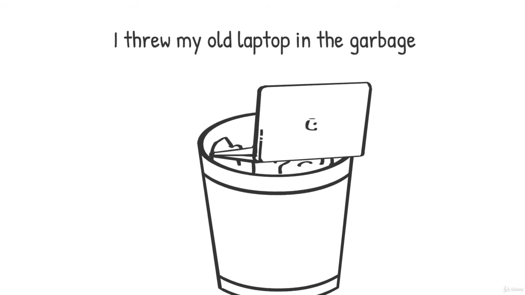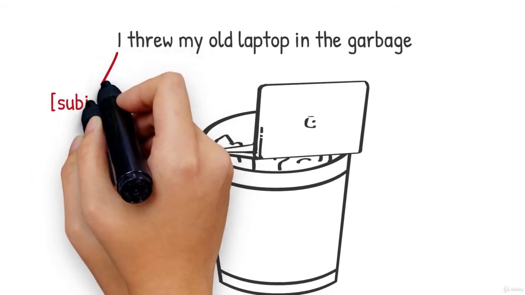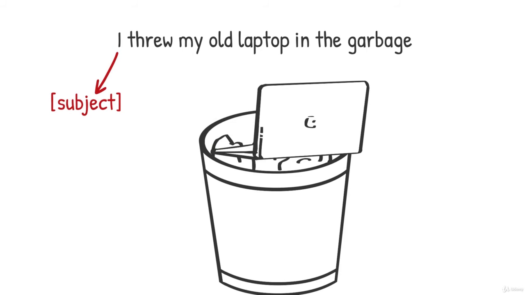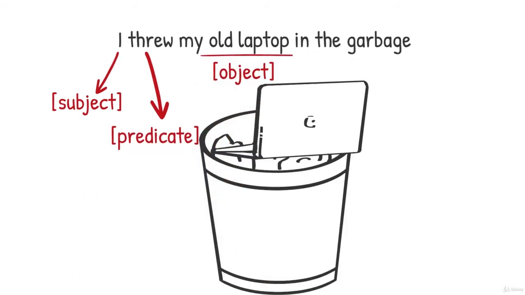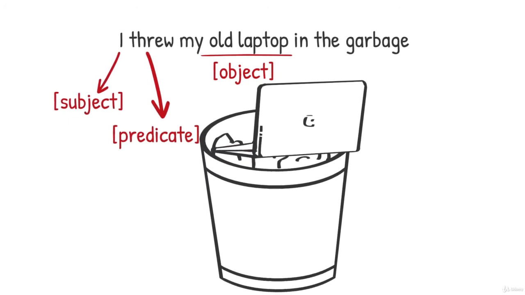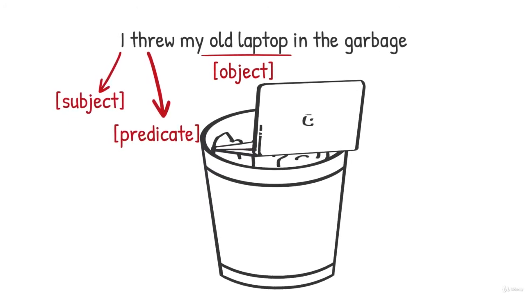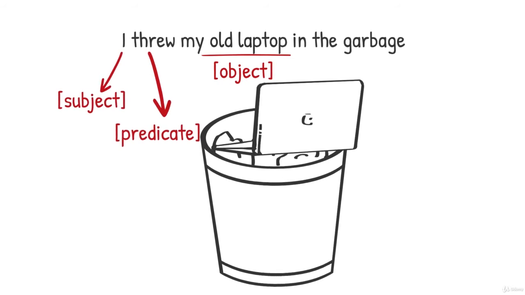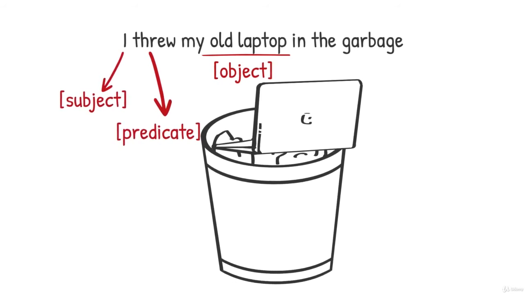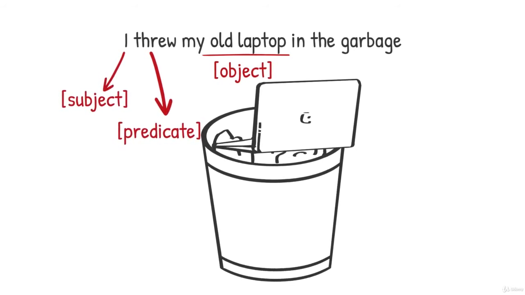Who is the subject? I is the subject. Threw is the predicate. And my old laptop is the object. The action goes from me to the laptop. The laptop receives the action.